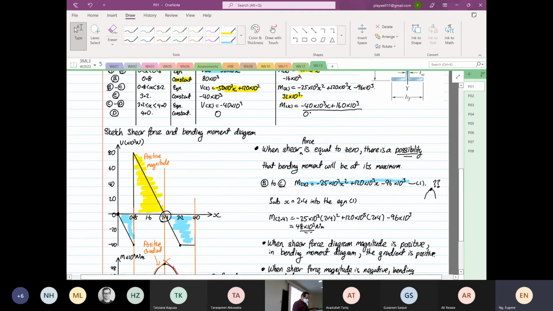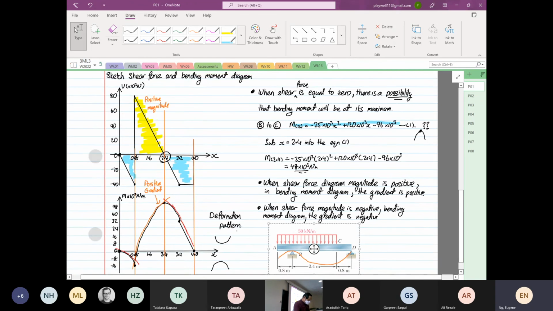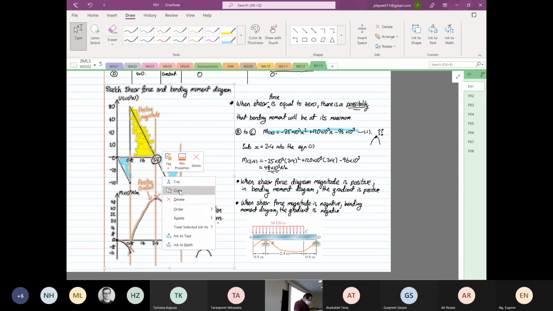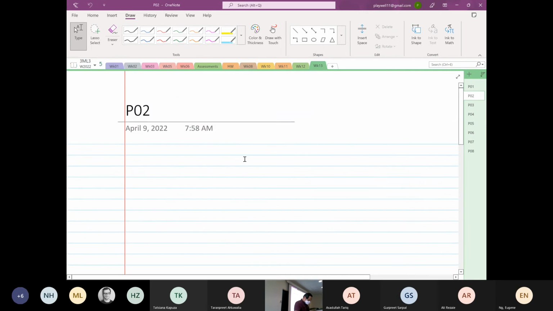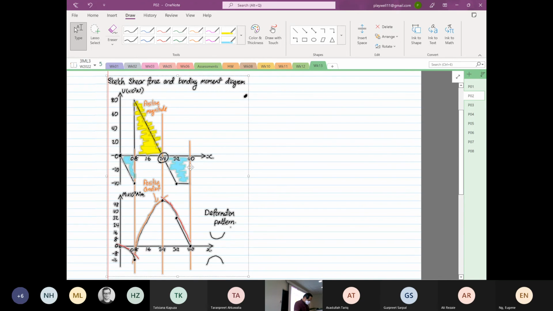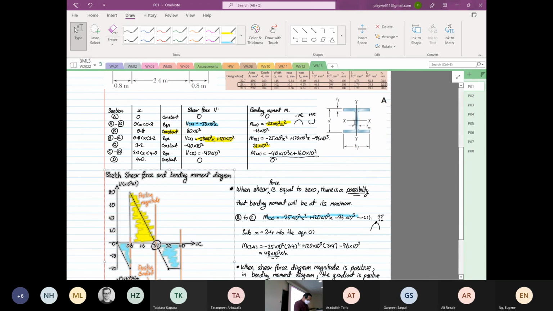So now we have constructed our shear force and bending moment diagram. Let me copy this whole thing. And now we need this.